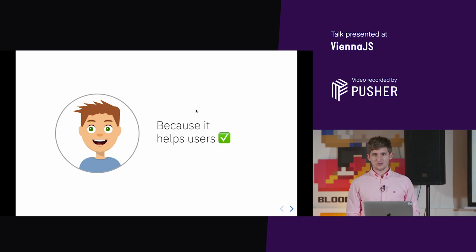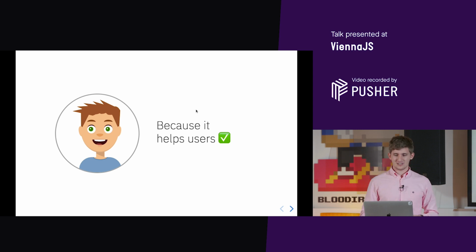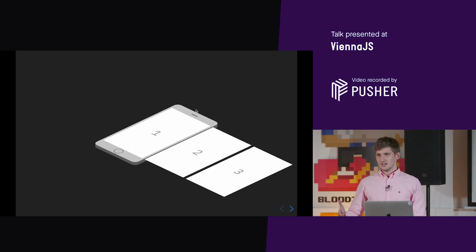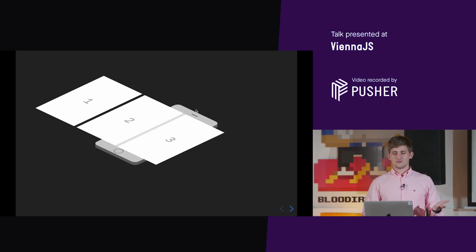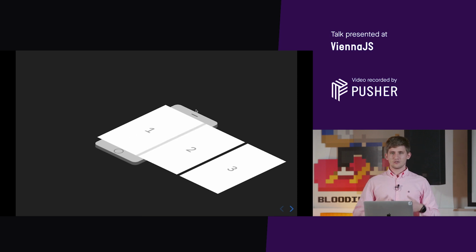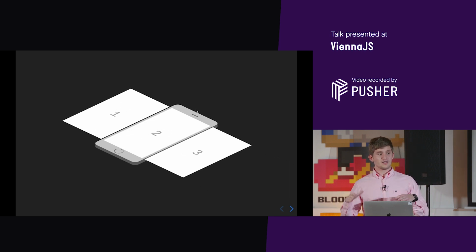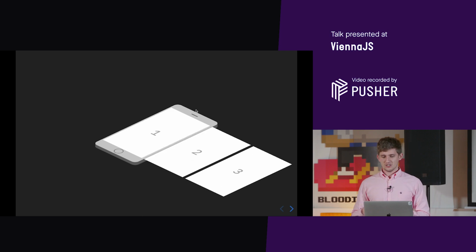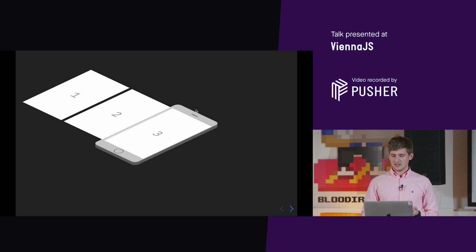And now I'm going to walk you through a couple of ways we could use animation to actually help users. The first thing is a really simple one: it helps to orient in space. Whenever we have an application, it has different screens, and using animation you can communicate and build a map in the heads of your users. And here's a simple animation of sliding left and right.